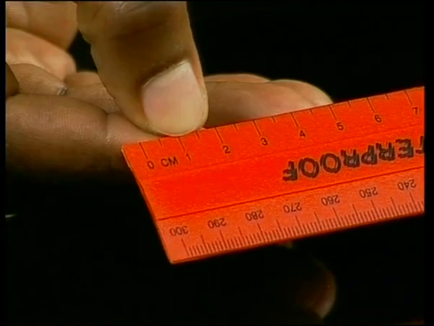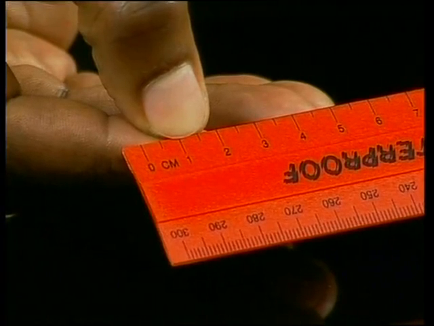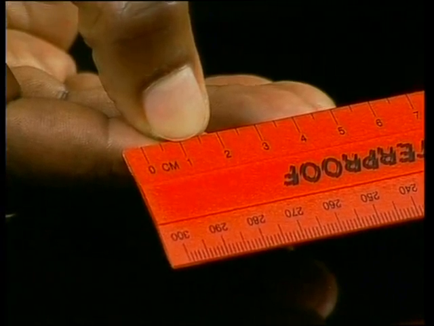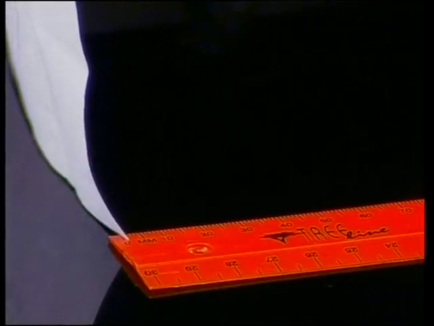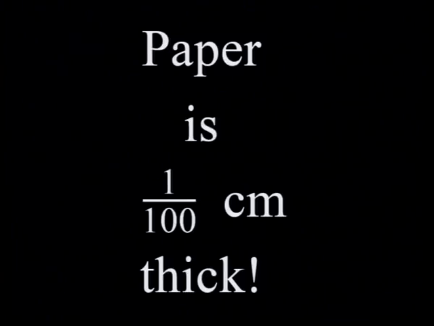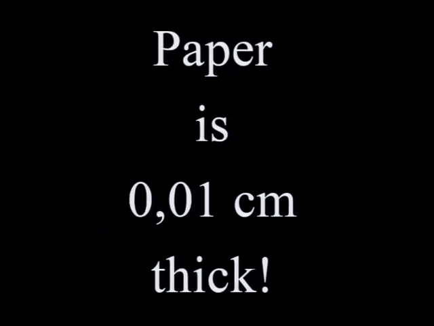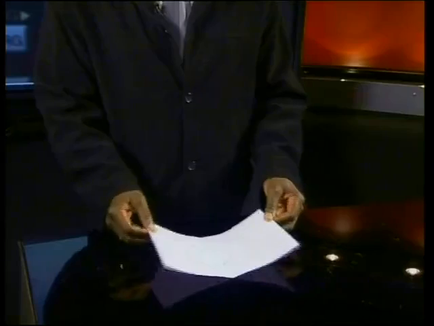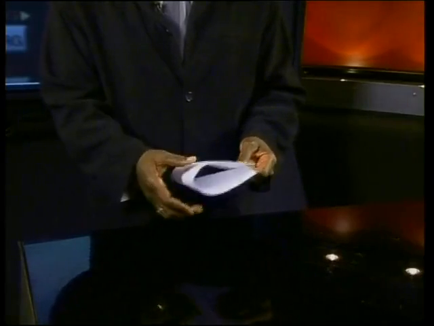If this is a centimeter and there are 10 millimeters in a centimeter, the paper will be 1/10 of a millimeter thick. So the paper will be 1/100th of a centimeter, which is written in decimal form as 0,01. So after one fold, the paper will be 2 times 0,01 centimeters thick.